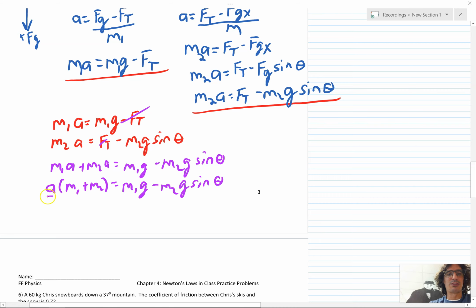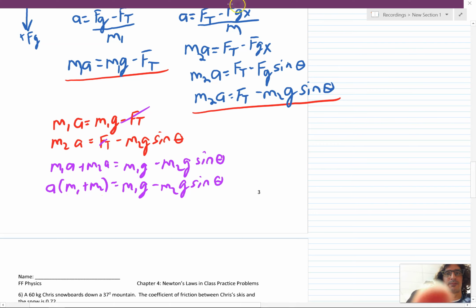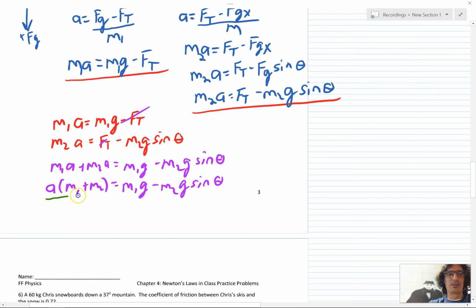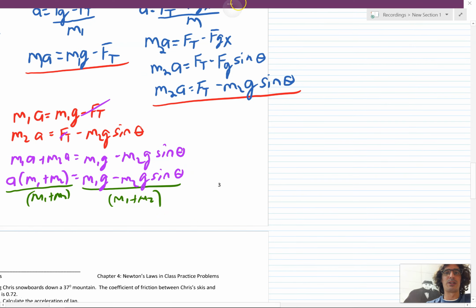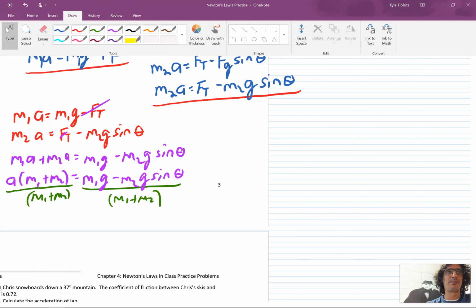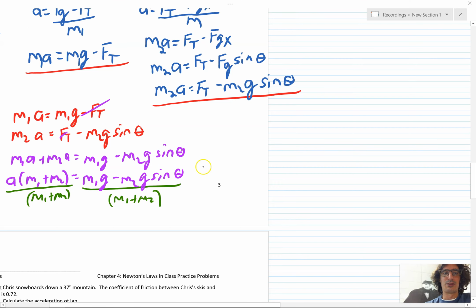And then we have to divide both sides by M1 plus M2. We do that in different colors since it's a different step. Divide both sides by M1 plus M2. We can't cancel anything out on the right side, so we're just going to write this out as we see it. And that'll be our last step for the acceleration. Again, hopefully you're writing smaller and you have more space than I do. So we'll put it over here.